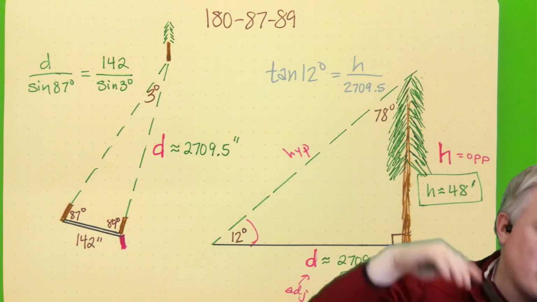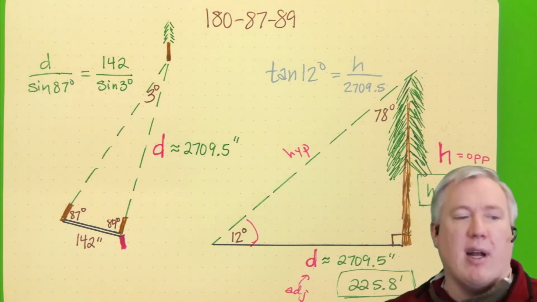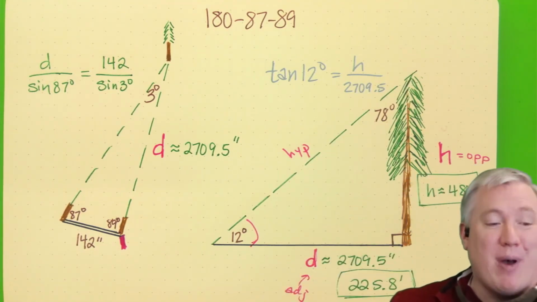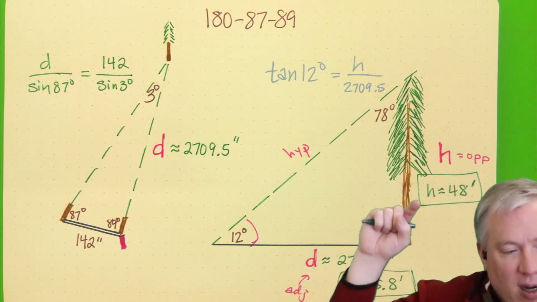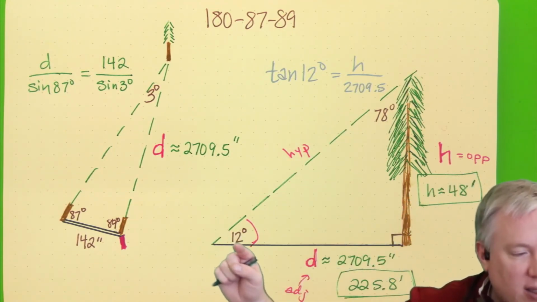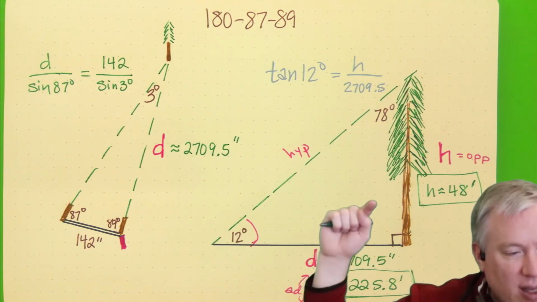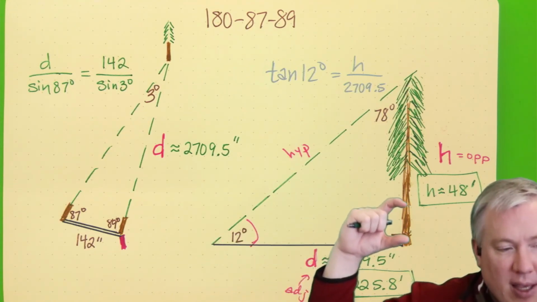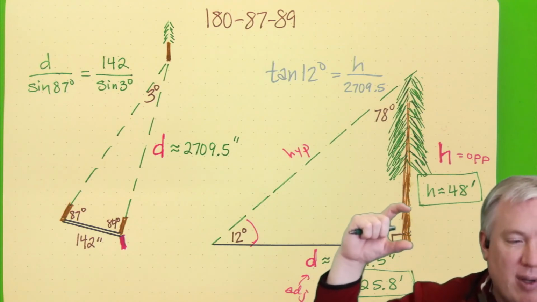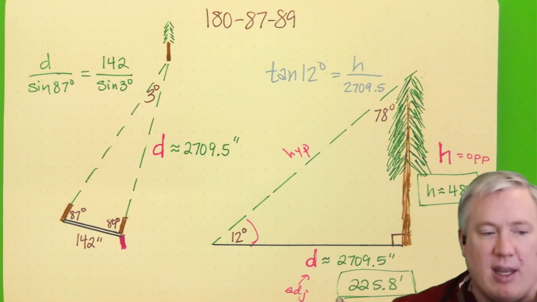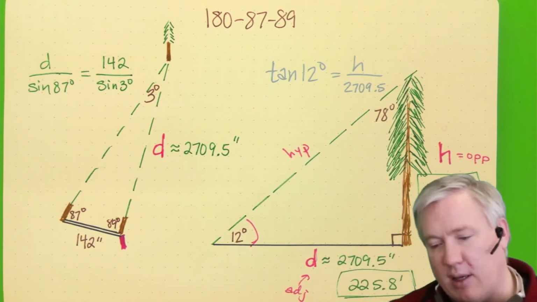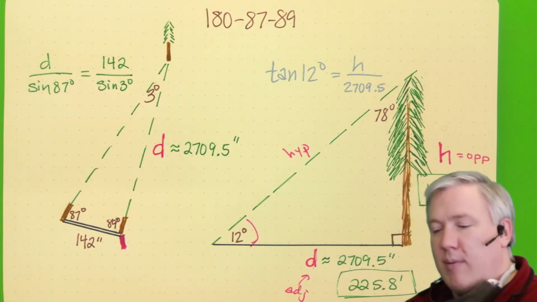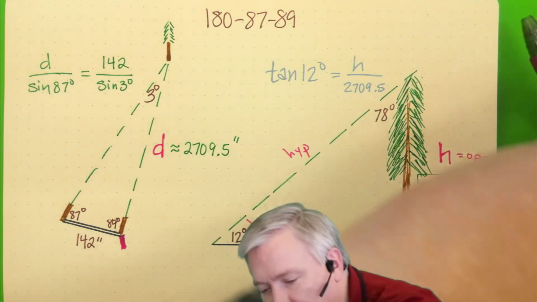In my example, the tree was up on a hill, so I'm figuring out how far it is above me from my point. If I wanted to figure out how tall the tree is on its own, I would need to do this process and measure the angle to the hill so that I would know how big the hill was, and then I could take the hill's measurement and subtract it. So say the hill was 5 feet tall, I would take 48 feet and subtract the hill out of it. If you want to be extremely precise, those are processes that you can do.